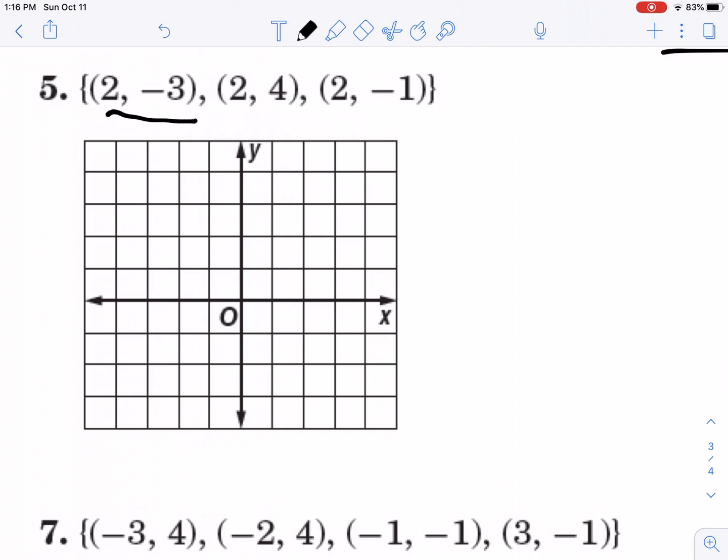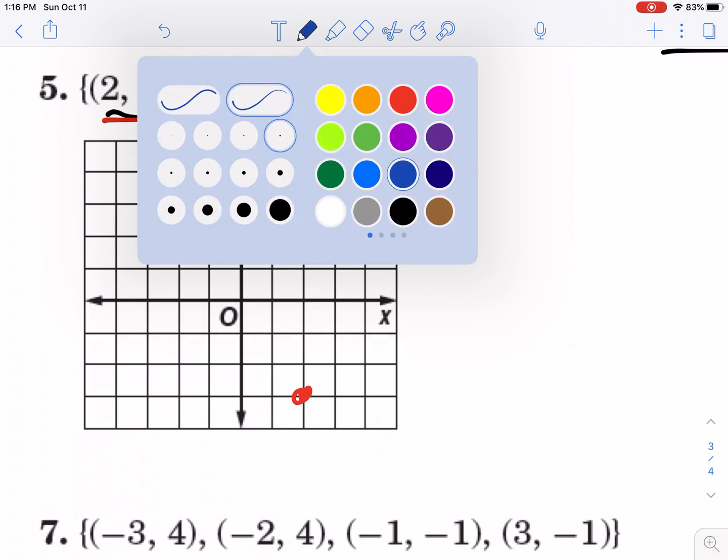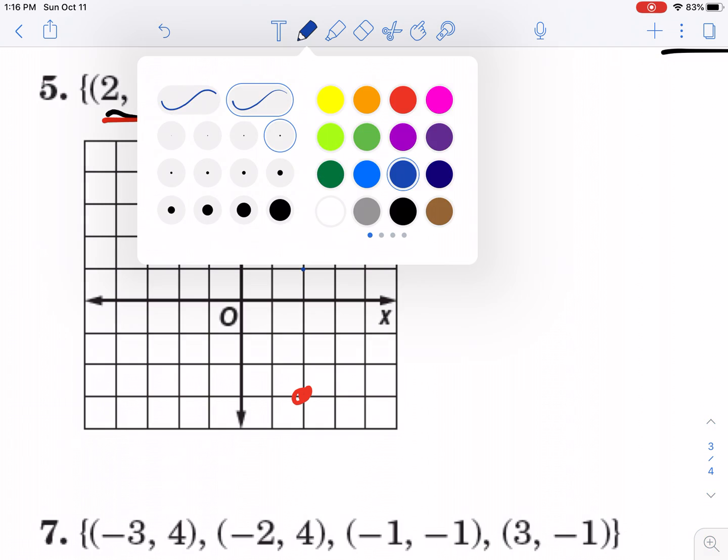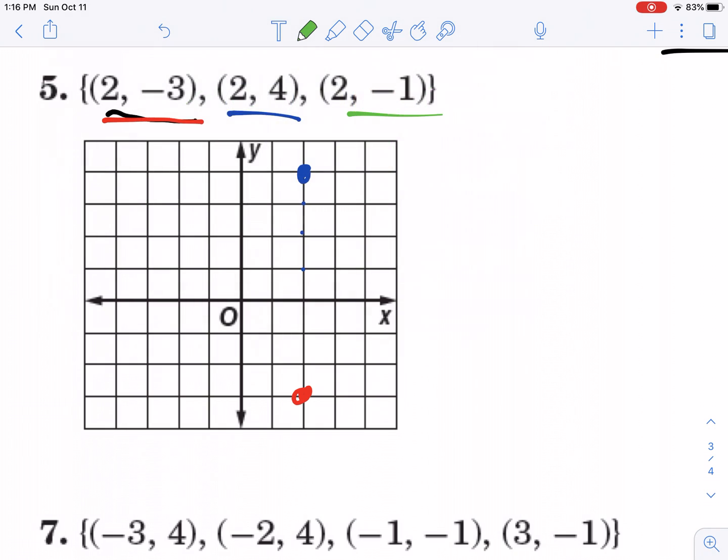So let's plot this point here. Let's plot it in red, okay? So 2, -3, well, that would be over 2 on the x, down 3 on the y, so we're going out here, down 3, so we'd end up over there, okay? So 2, -3, then we have 2, 4, out 2, and up 4, 1, 2, 3, 4. And then the last one here, we have 2, -1.